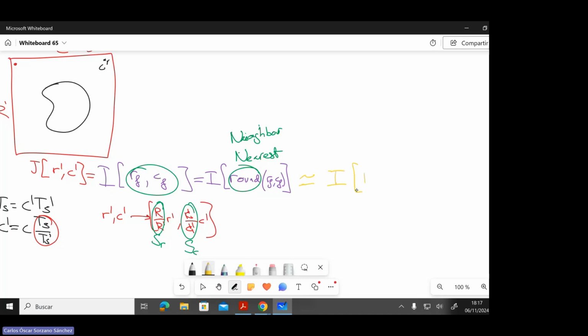So this will be the bilinear operator. The location is the same, so the location only depends on the scaling factor. But how you get the value from the original image for nearest neighbor is just rounding and copying the value. This bilinear is a multiplication with the areas to get the value from the four nearby pixels.